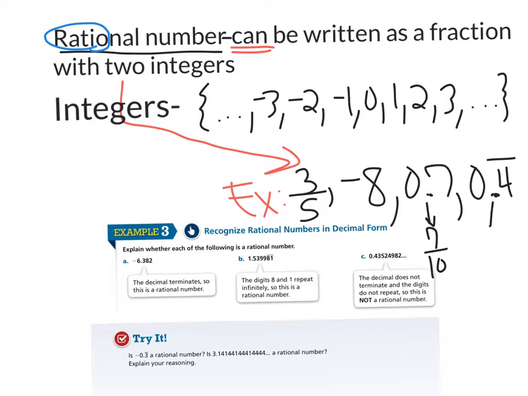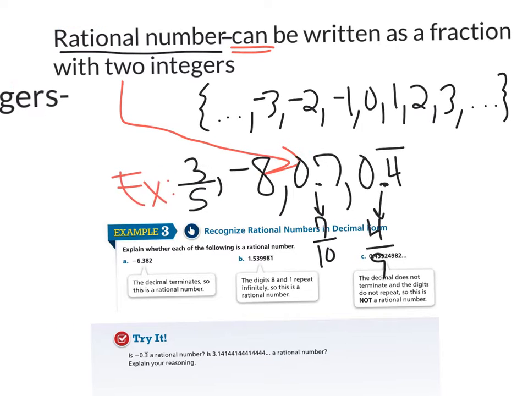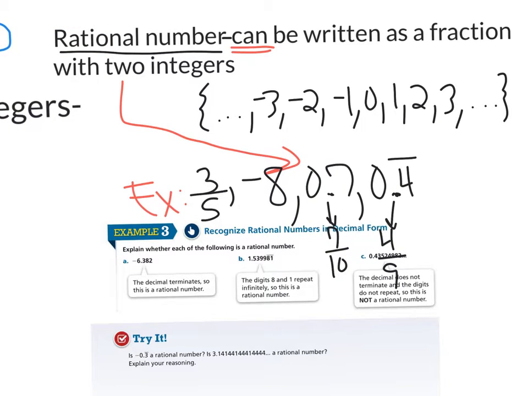Repeating decimals can be written as fractions. So if I have 0.4 repeating, that's the same as 4/9 as a fraction. And again, we'll learn about that more next year. Square root of 9: what number times itself equals 9? That would be 3, which we could write as 3 over 1.